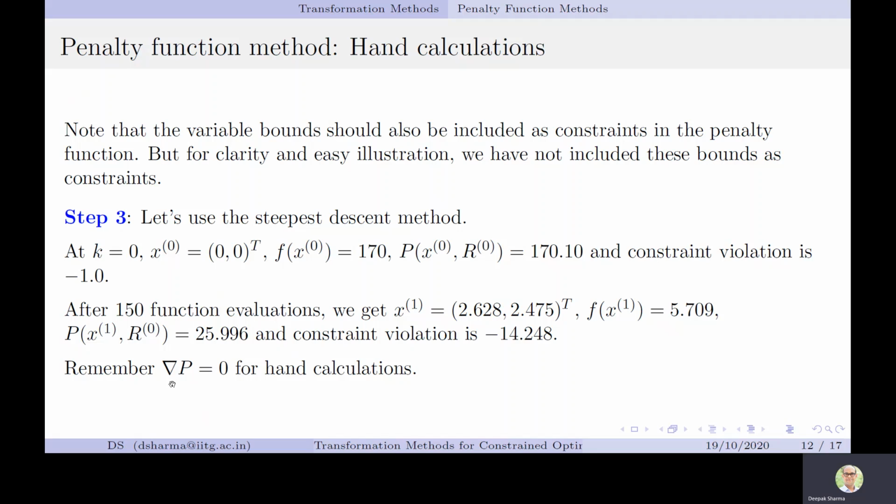Now here you have to remember that if there is a question in a quiz or in the assignment, you don't have to solve it using steepest descent. You have to just find the gradient of P equal to 0 and then find what is the x star.